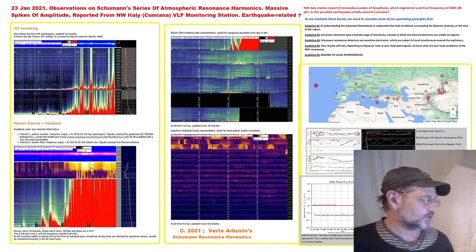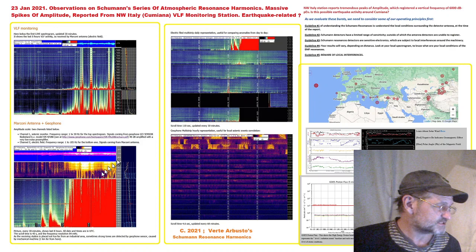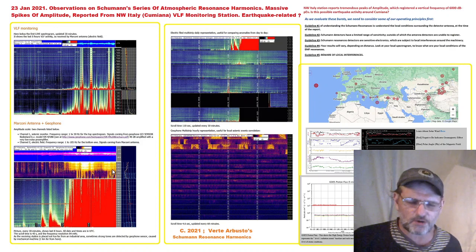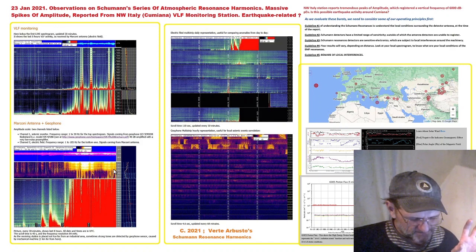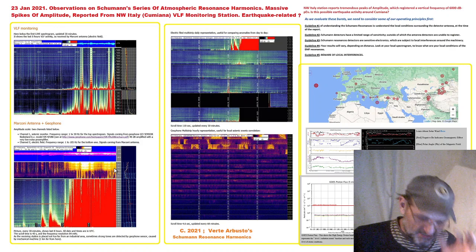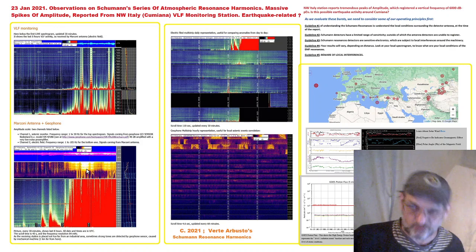The first one is your seismograph, your seismic meter, frequency range 1 to 30 hertz for the top spectrogram. Really important that you see this is a spectrogram. The seismometer, the seismic meter, is giving you the seismogram.